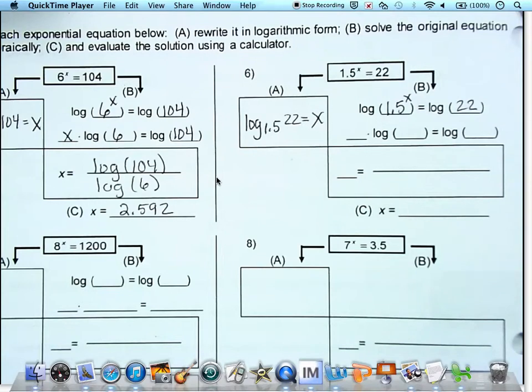This number, 7.2623. Sound about right? Yeah. Yep, should be right.